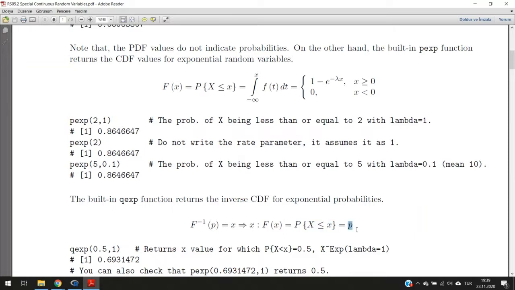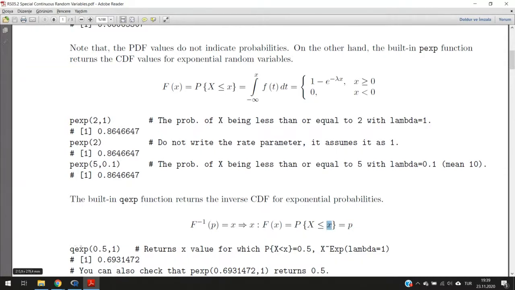Now, we can ask this question in the opposite direction. Let's say, for which value of x is this random variable going to be less than or equal to that value with probability p? So the question may give us the probability, and it may ask for the threshold value x.